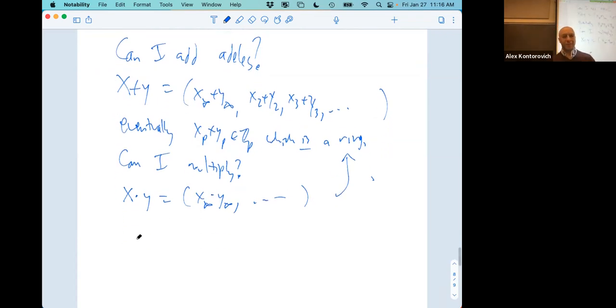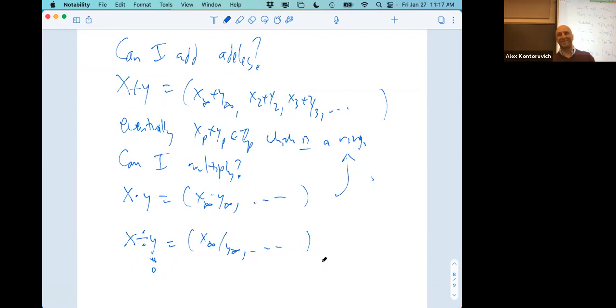I can divide for the same reason. X divided by Y makes perfect sense. I just divide pointwise, if Y is not equal to 0. Maybe none of the components are 0. Now I can do it. What?